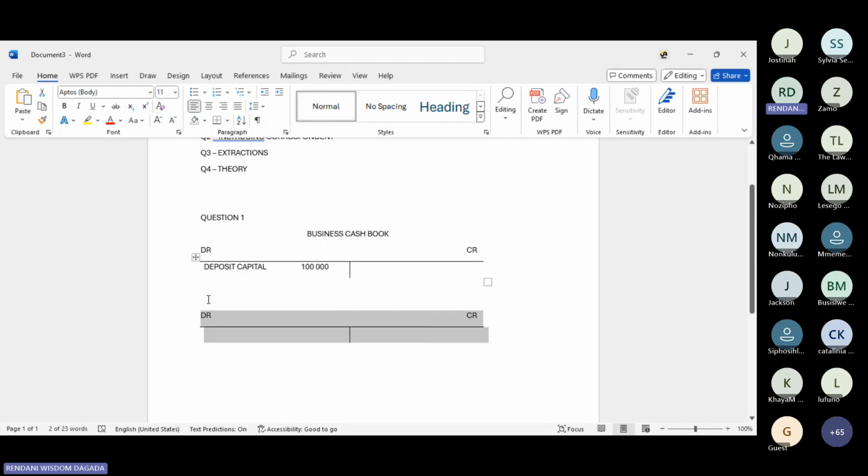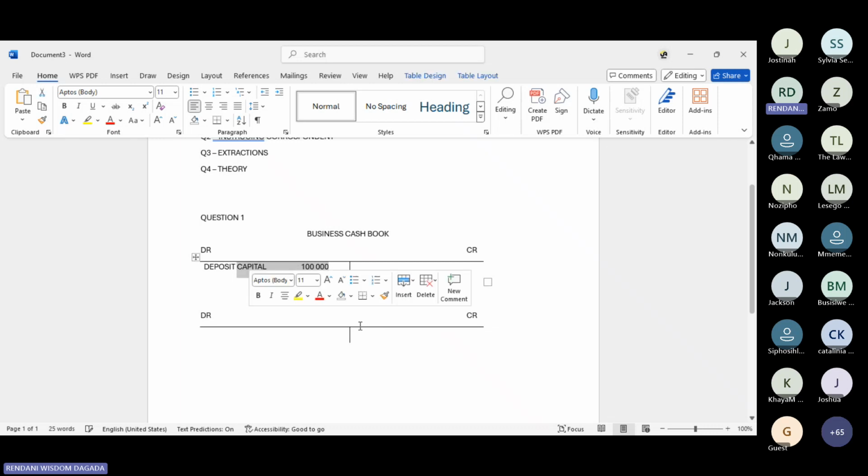Now, what is the name of the second book? We are going to call it Capital Ledger, or you can just call it a capital general ledger, because ledgers that are related to the business are called general ledgers. So either you just call it capital ledger or capital general ledger. Either way, it's acceptable.